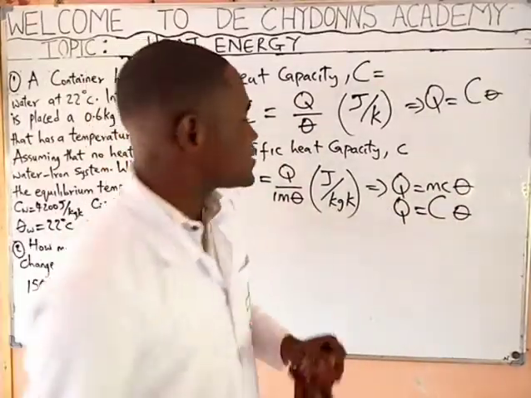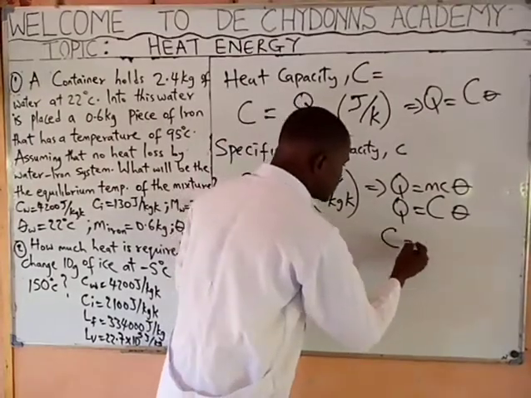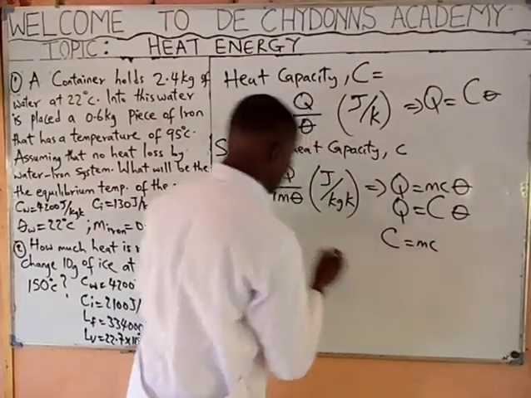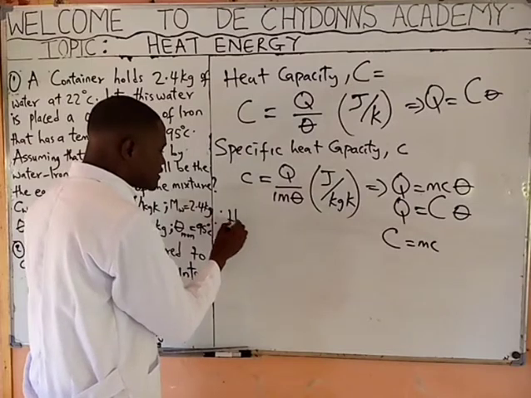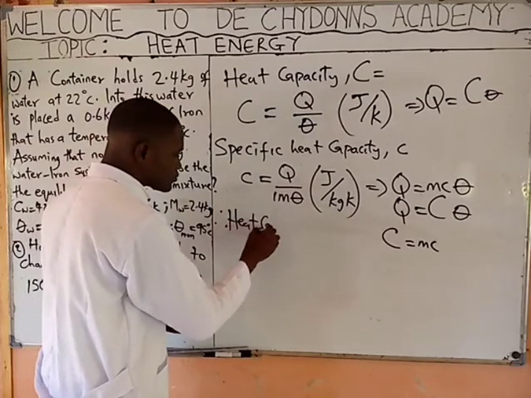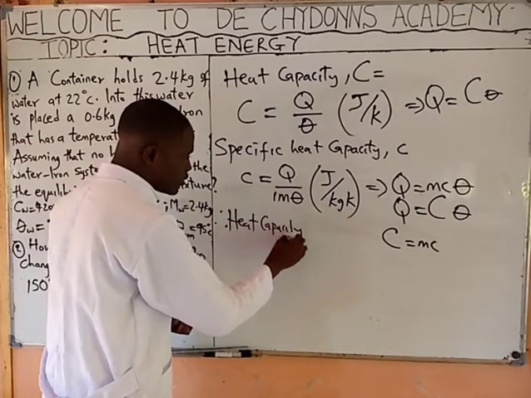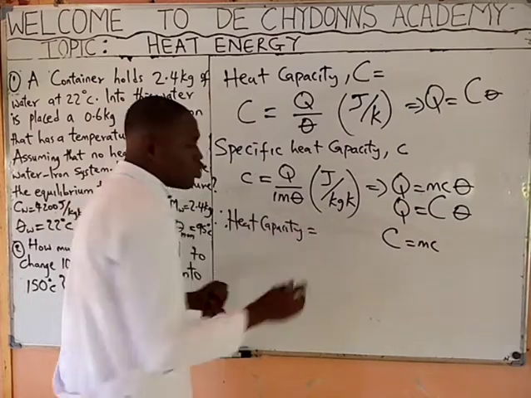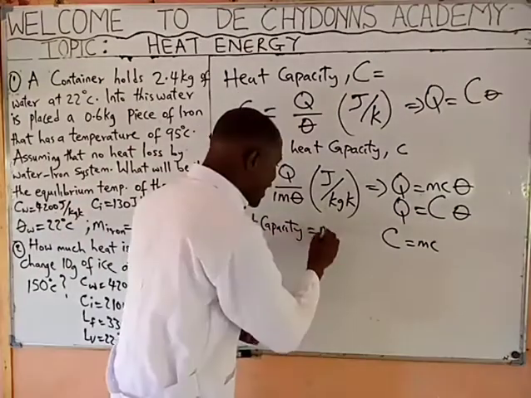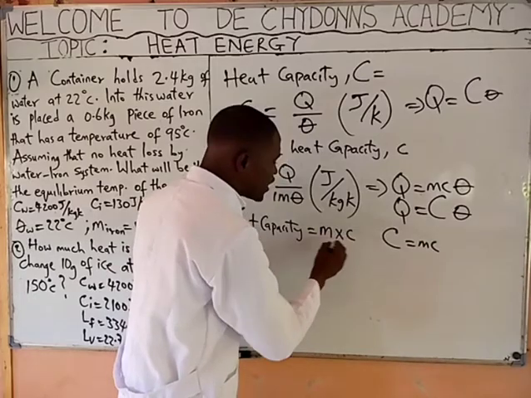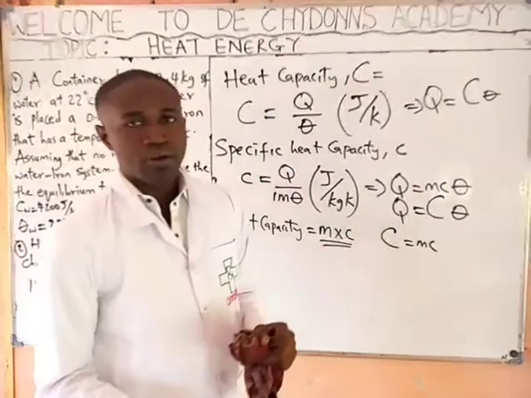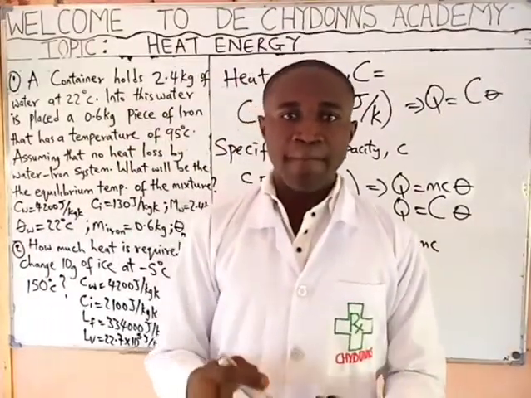That implies that C is equal to m c. Therefore, heat capacity is equal to the product of mass times specific heat capacity. Please, let's have it in our mind, okay?